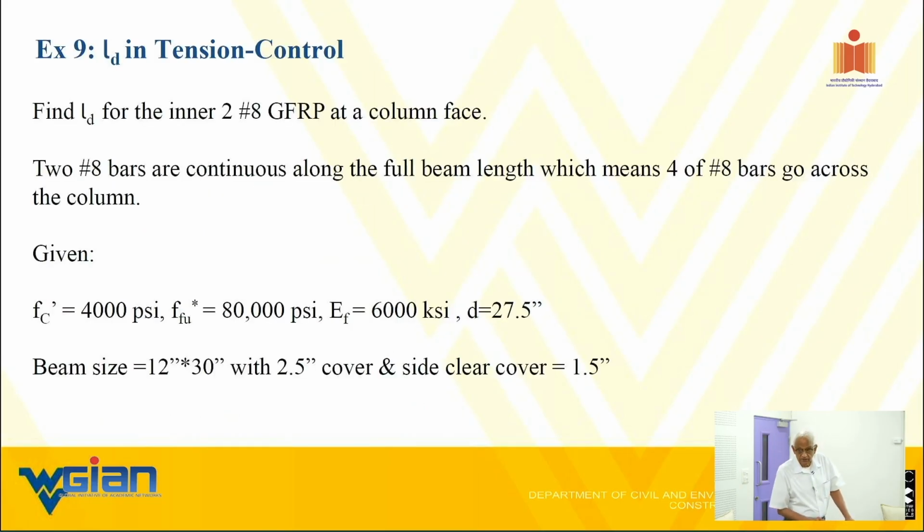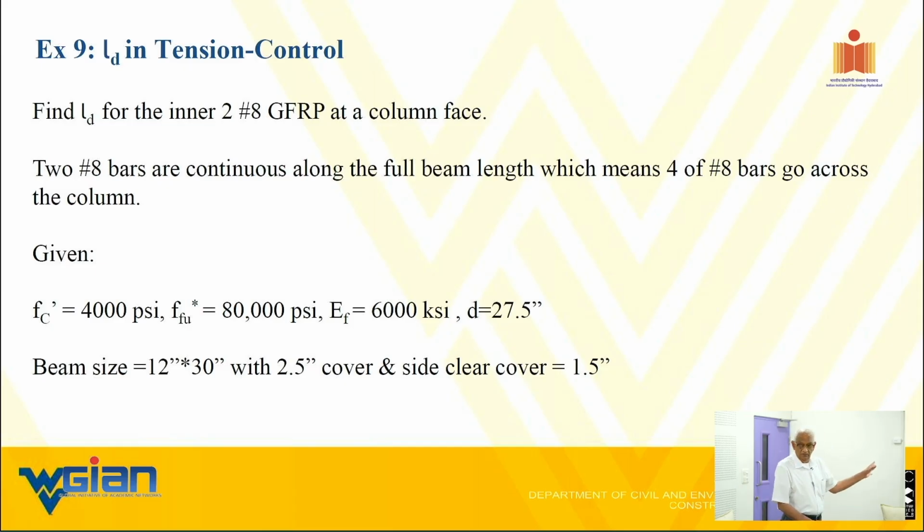That's compression control. In the tension control, find L sub D for the inner two number 8 bars at a column face. Obviously, near the column, it's a tension at the top. That's what we mean. So 2 number 8 bars are continuous along the length of the full beam.